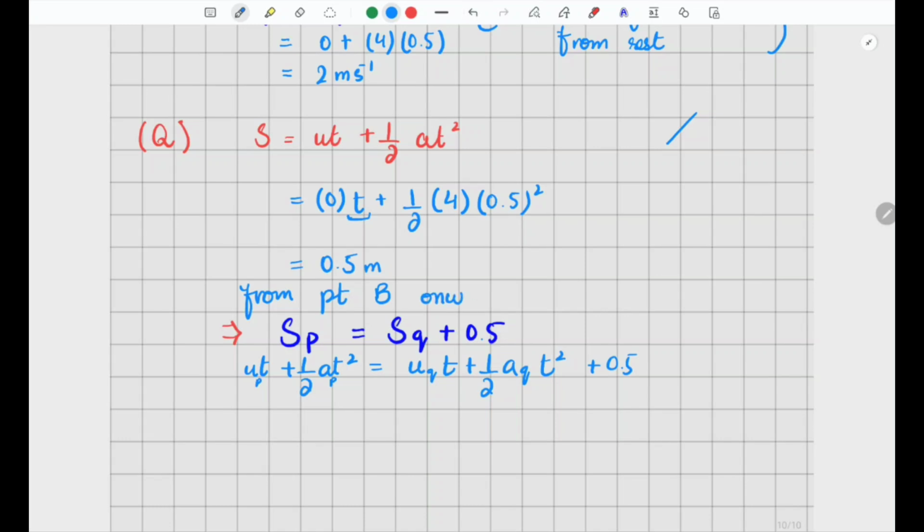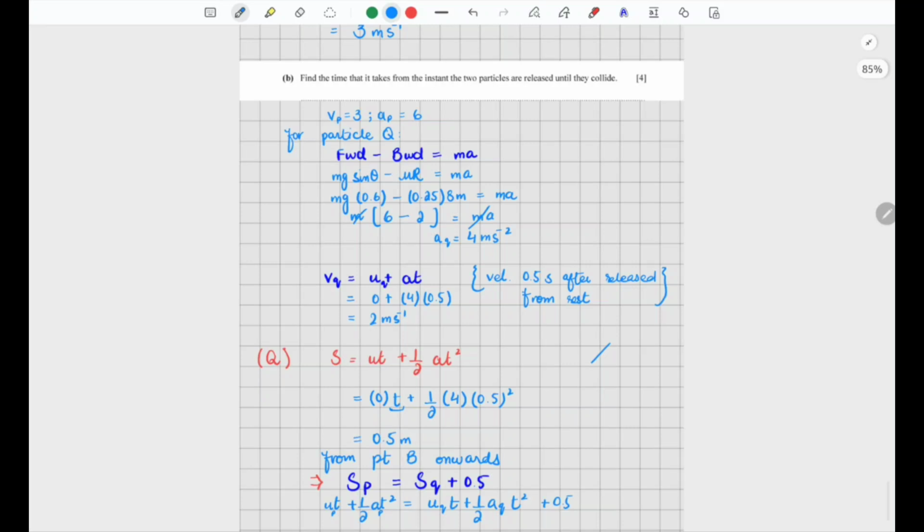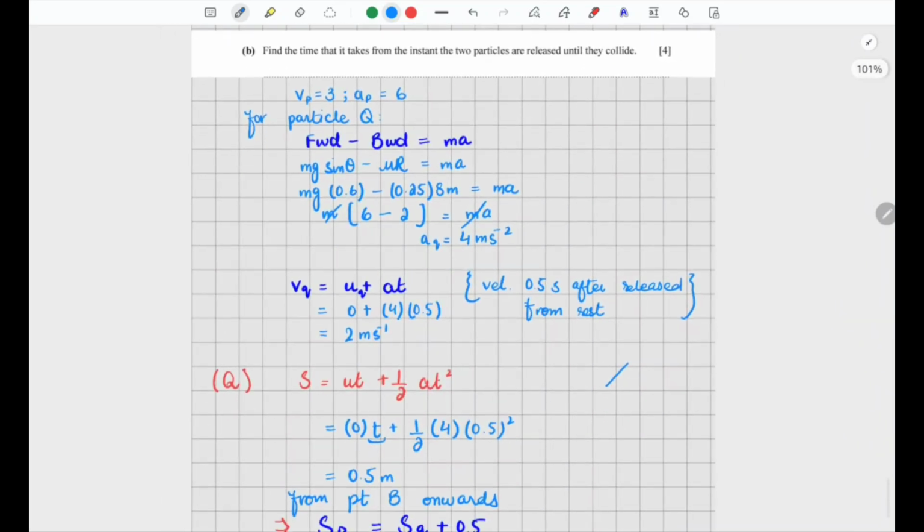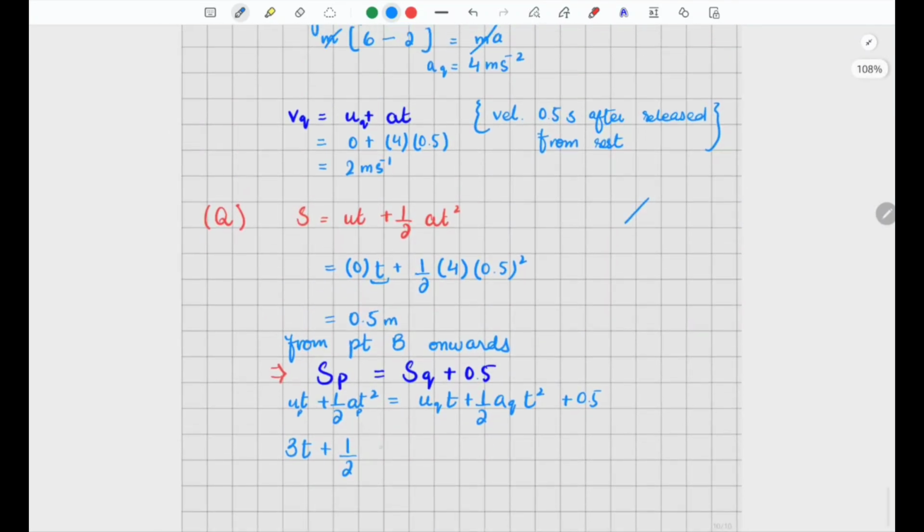At that point, the initial velocity of P is the velocity of P we found, and that was 3. So 3t plus half, and what was the acceleration of particle P? 6. So 6 times t square equals, what is the initial velocity of Q at point B?